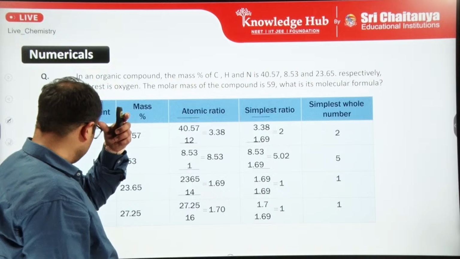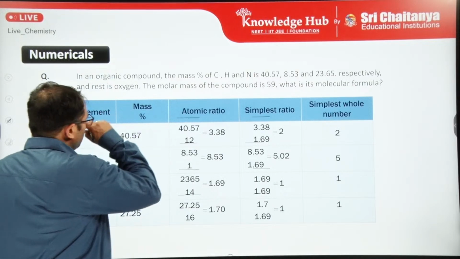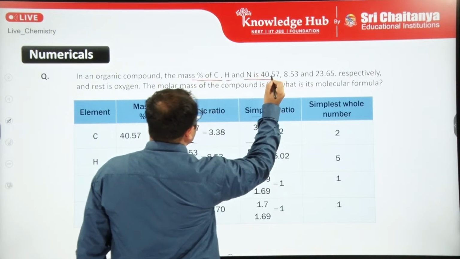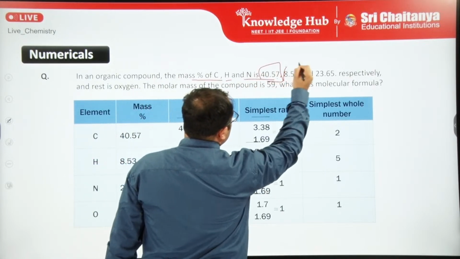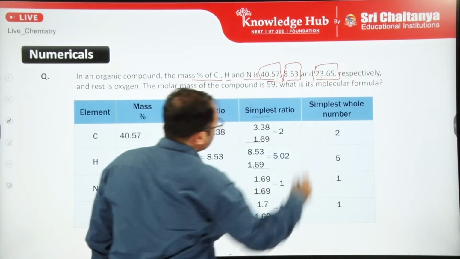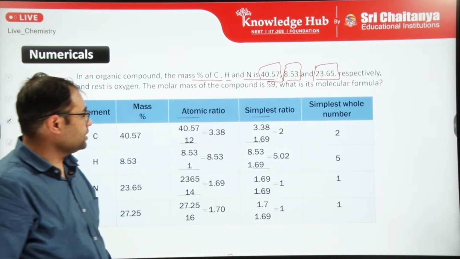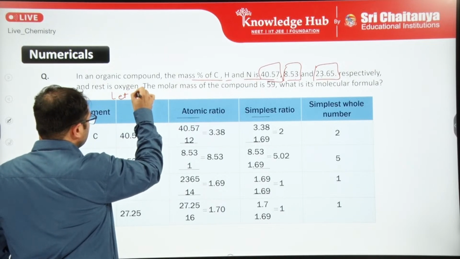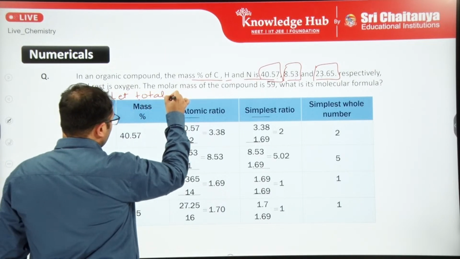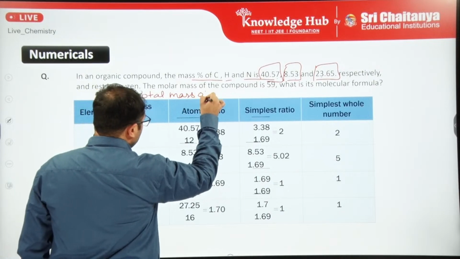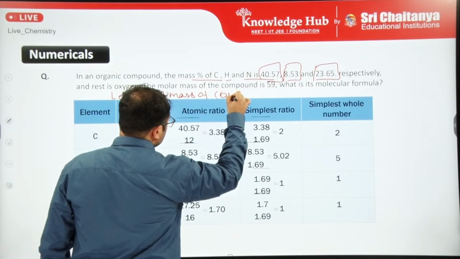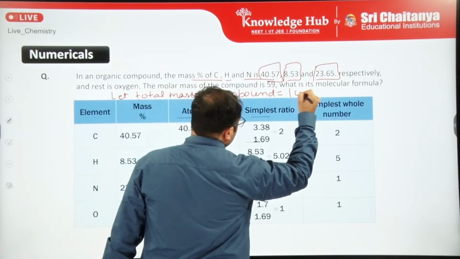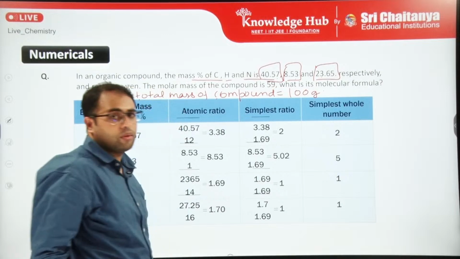Yeah, this question. See, in an organic compound, the mass percentage of carbon, hydrogen and nitrogen is this. As I told you, they will give you mass percentages. So you have to let the total mass of compound be 100 grams.